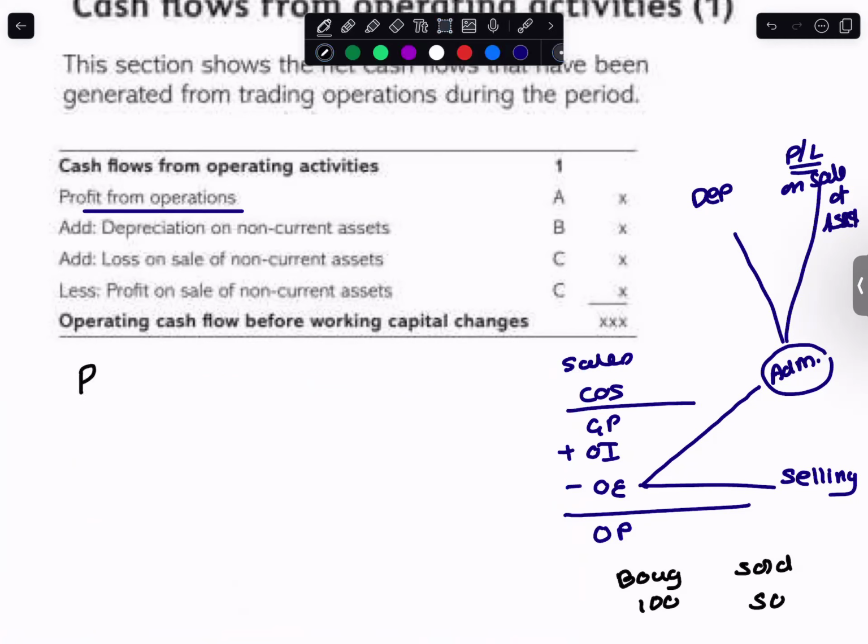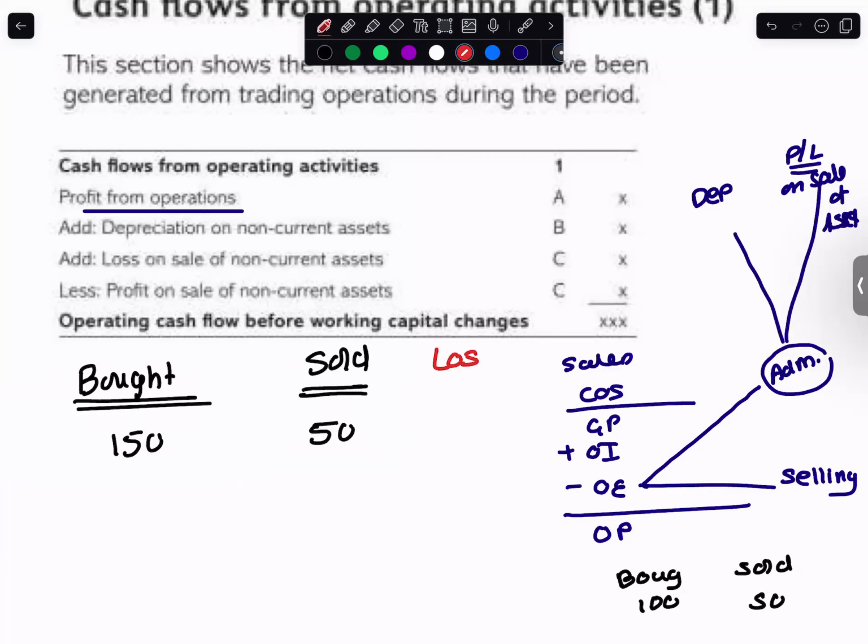Understand this part again. You bought your asset some years ago, you bought for 150. You sold it for 50. So your understanding, your loss is how much? 100. Is this money actually going out? No, it's not going out.